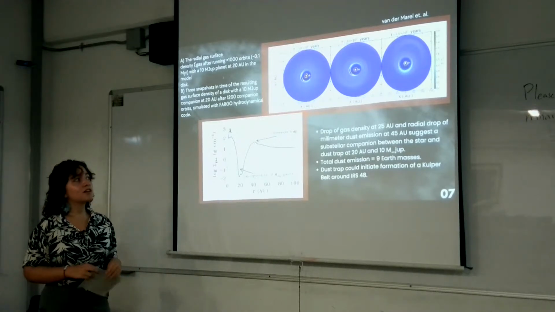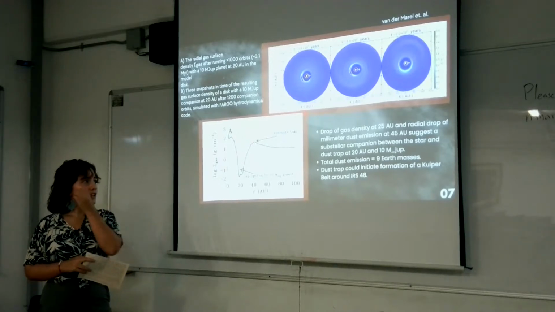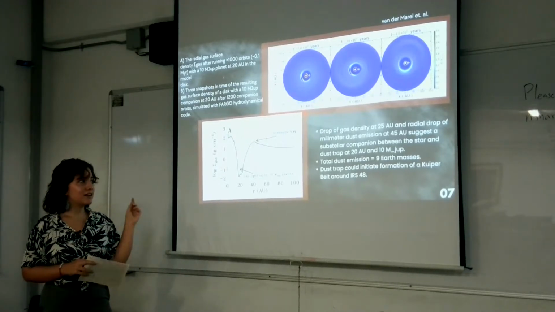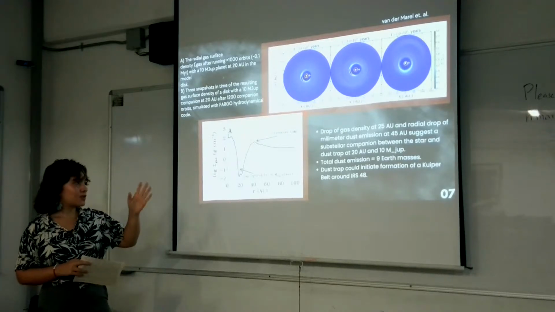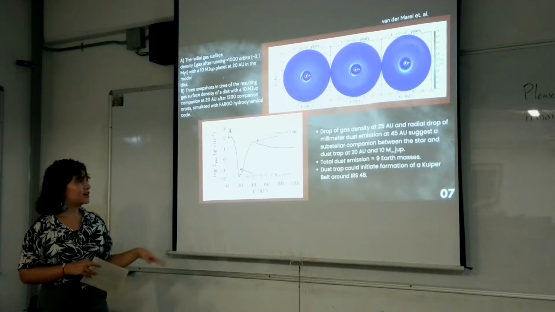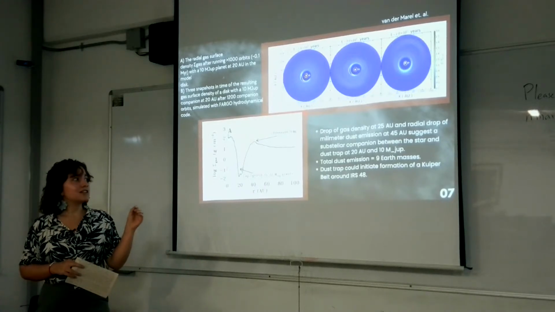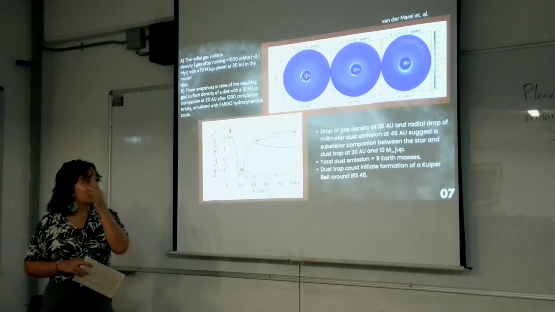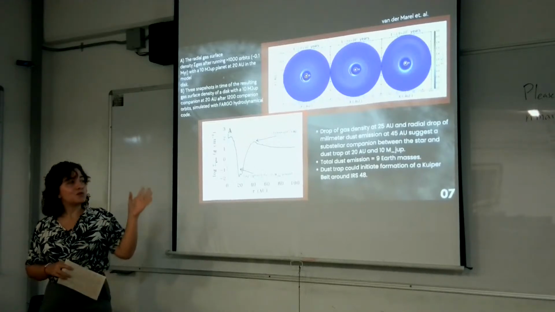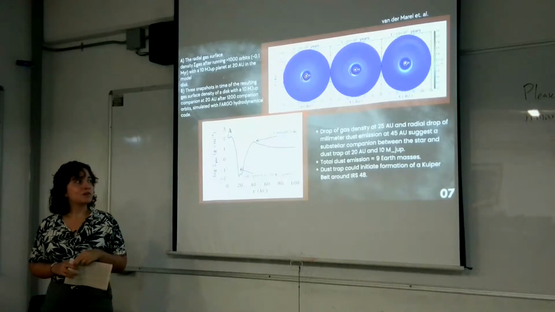So, in conclusion, the drop of the gas density at more or less 25 astronomical units, and the radial drop of molecular dust emission at 45 astronomical units suggests a substellar companion, at around 20 astronomical units and around 10 Jupiter masses.